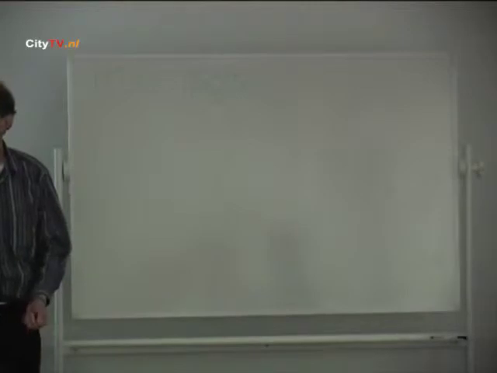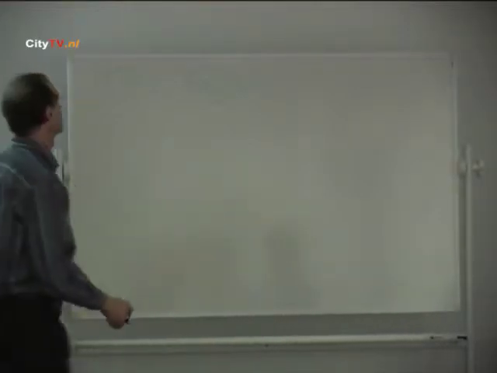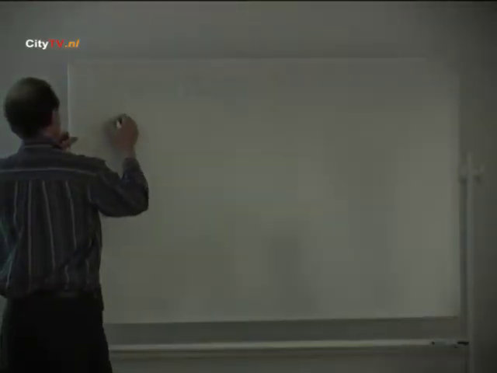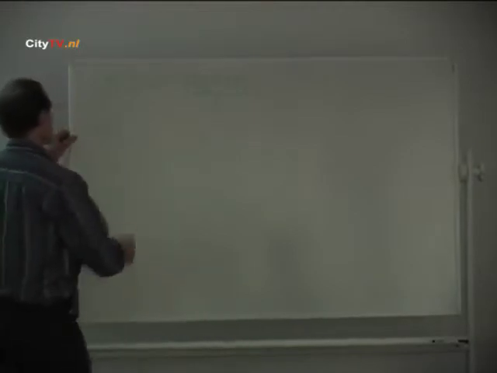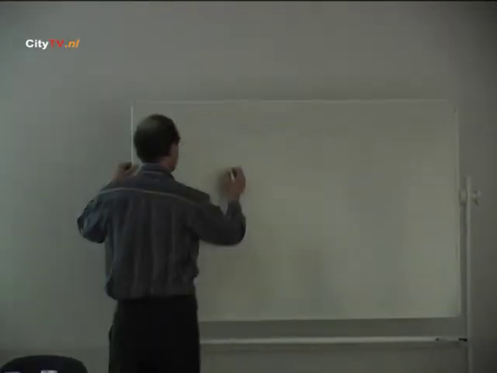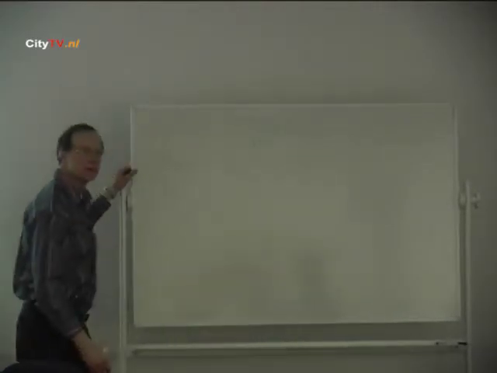I trust most people know that? Yes? The field pi plus is the operator which, acting on the state pi plus, produces the vacuum, the ground state. Not 0, but the state 0.